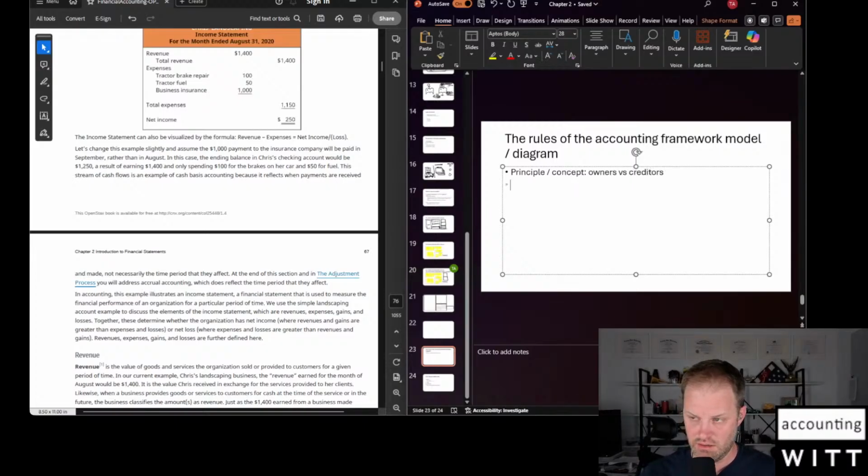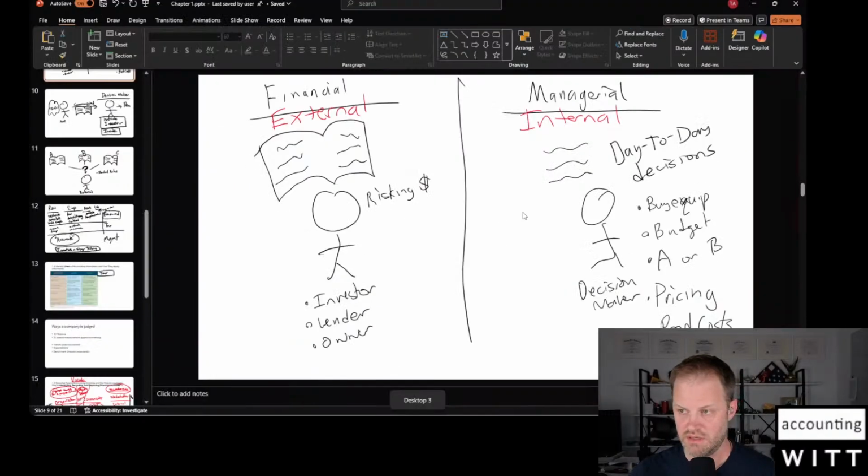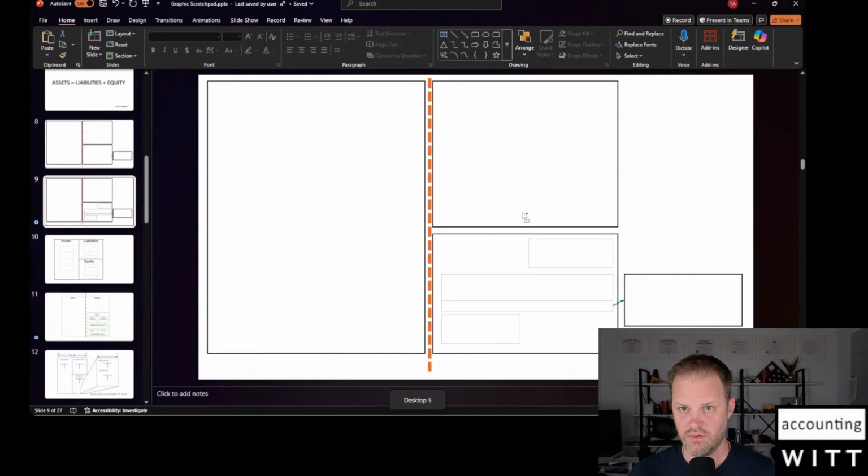The idea of order of claim. And then the next principle, I mean, we can look how I did it before.